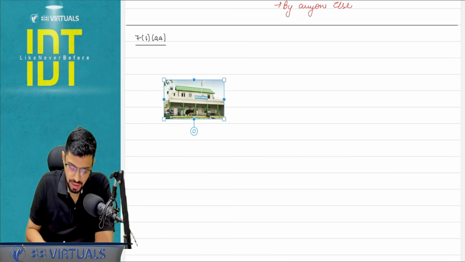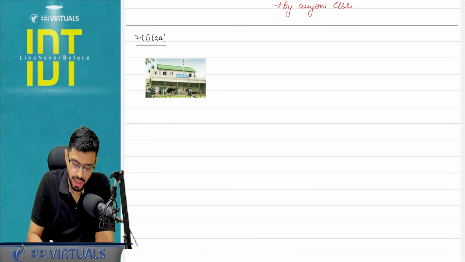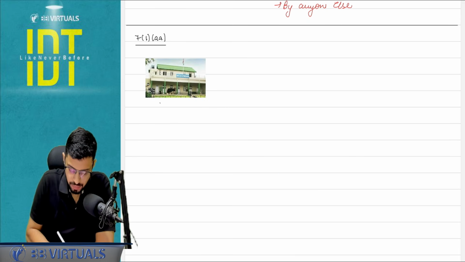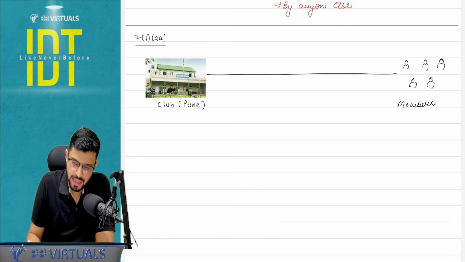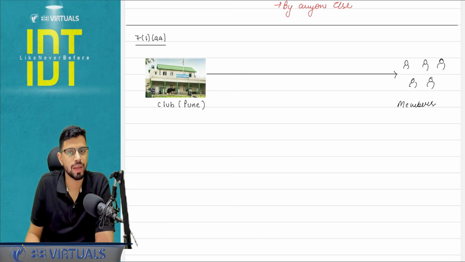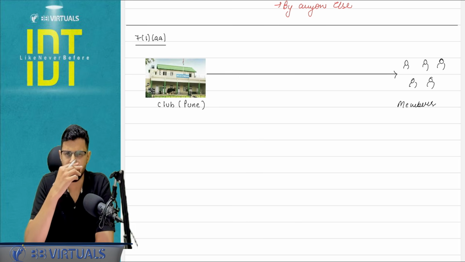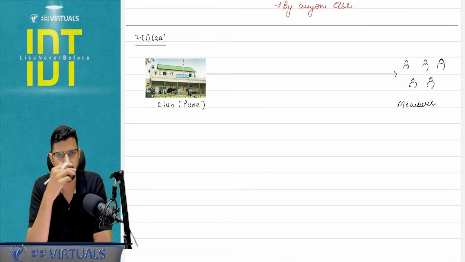This is the Deccan Gymkhana, Pune. It's a club in Pune, and there are some members here. There are a lot of facilities and services given by the club to the members, or it may be vice versa, maybe tomorrow a member gives services to the club.